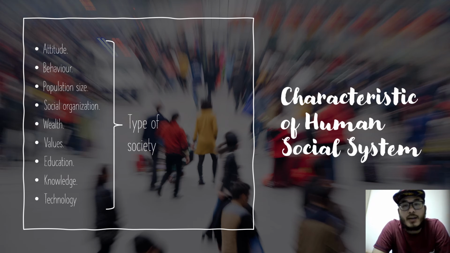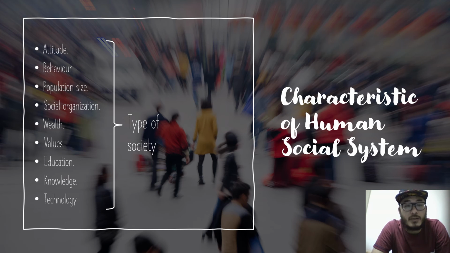These are the characteristics of the human social system. There are a few types. Number one, attitude. Number two, behavior. Number three, population size. Next would be social organization. And then wealth. Next would be value. Next is education. Next is knowledge.